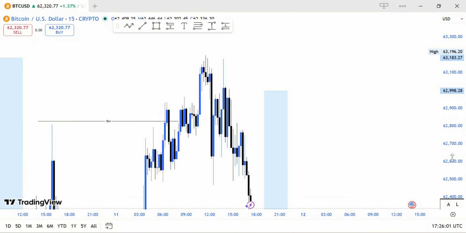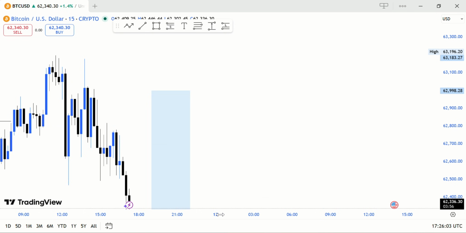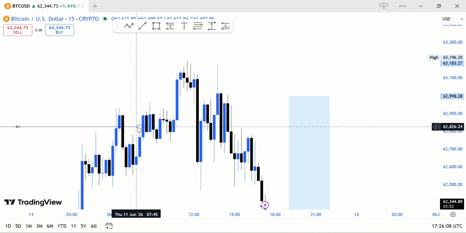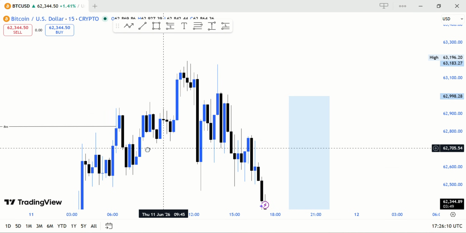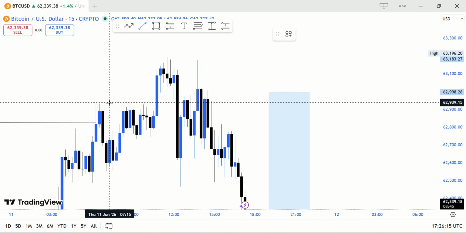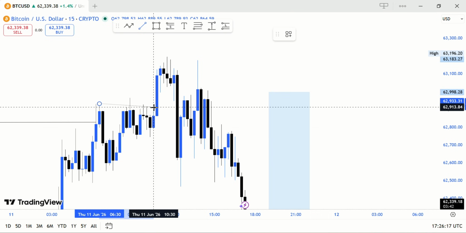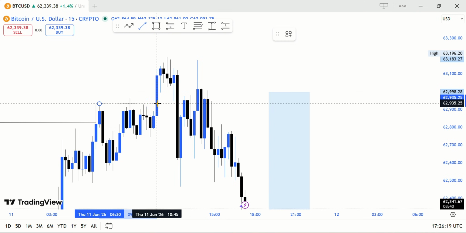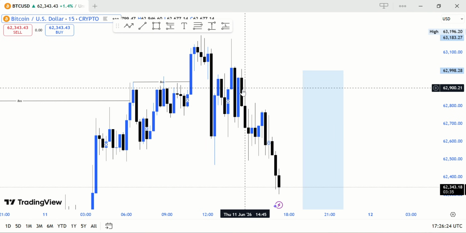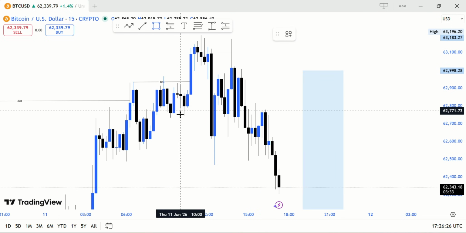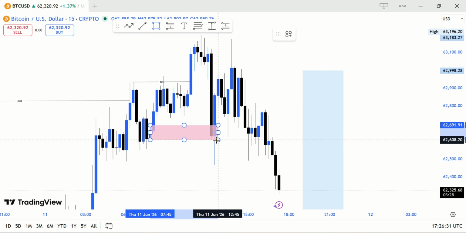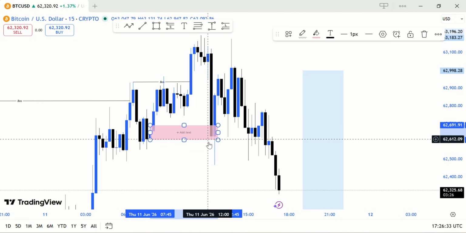Now another reason why this trade might go down is we had another block here. Yes, because there was a BOS, a break of structure to this point, and then this other block was meant to hold up to its own level, but was broken.